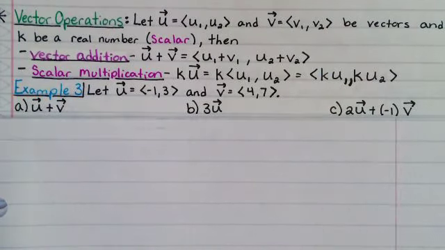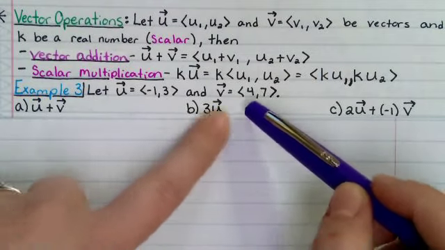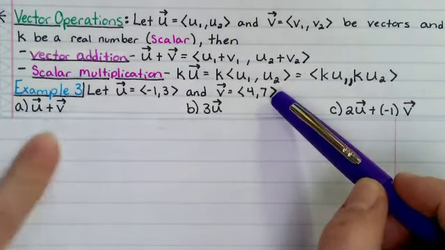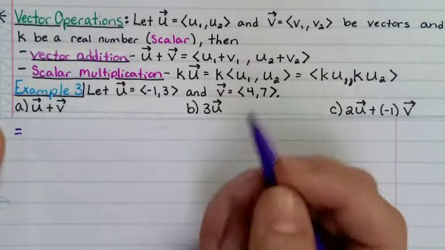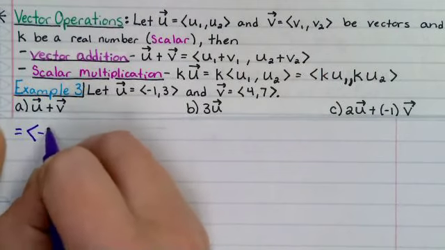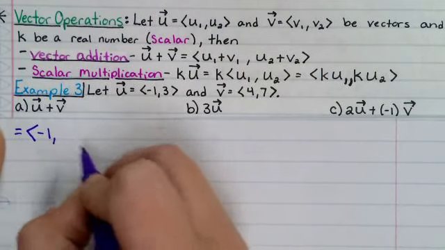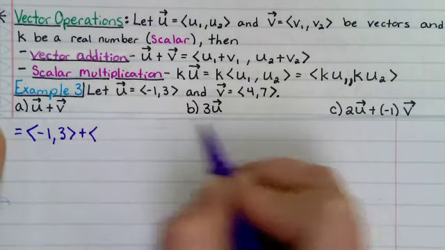So we're going to go through a few examples here. You're going to see example 3 where they're asking us to add these two vectors together. Now they have defined them at the beginning up here. They said u is <-1, 3> and v is <4, 7>. And what we're going to do is first start off by adding them. So first thing I'm going to do is rewrite it a little bit. So we see u and v.